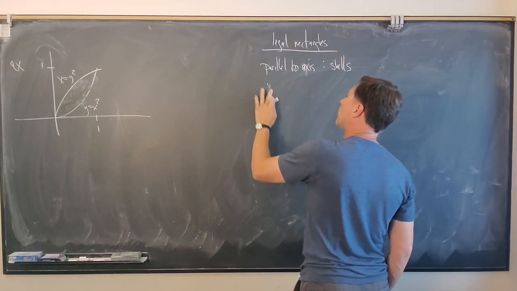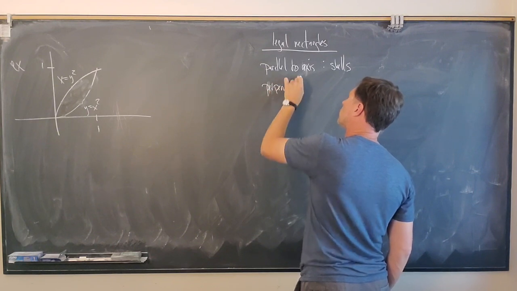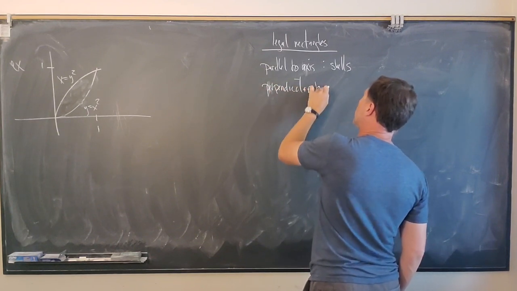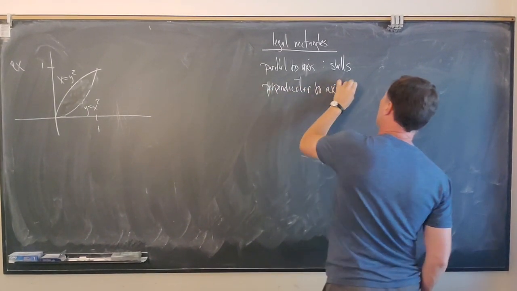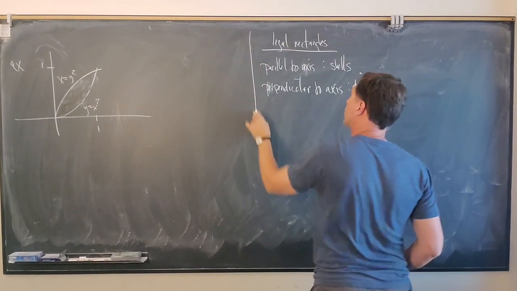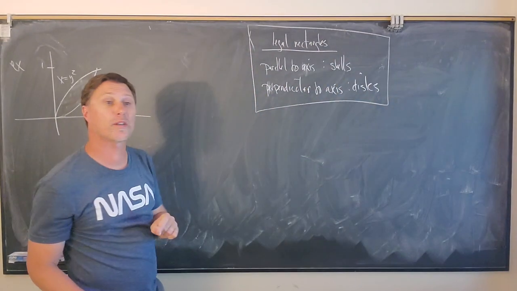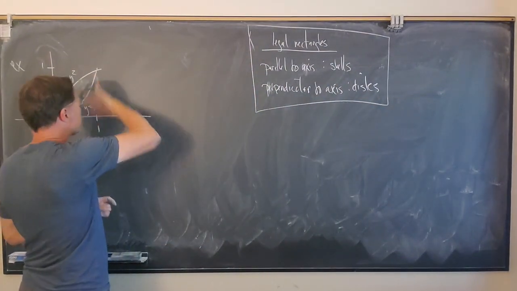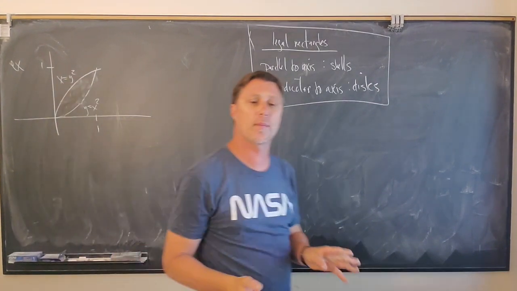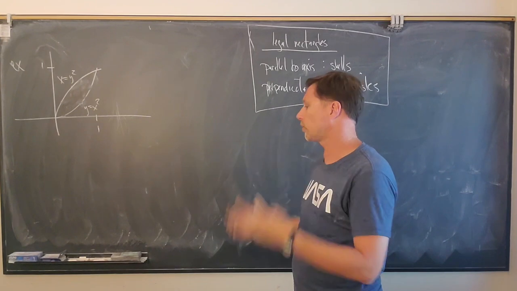If perpendicular to the axis, then you're using the disk method, right? And so these concepts are going to allow us to deal with situations like this where we can revolve around various axes and both methods are actually going to be legal, or workable.